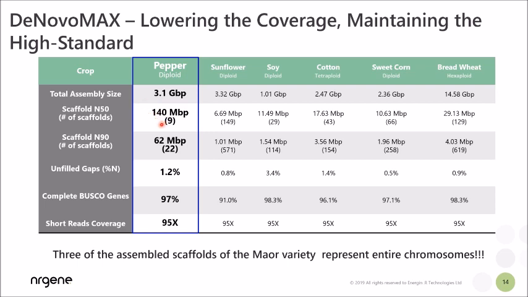You capture half of the assembly length in only 9 scaffolds, the smallest of which is 140 megabases long. We basically captured 3 full chromosomes within that. Also, the N90 is very good. The BUSCO percentage, meaning how well we capture genes, is also very high. So this is the assembly level that we can reach.